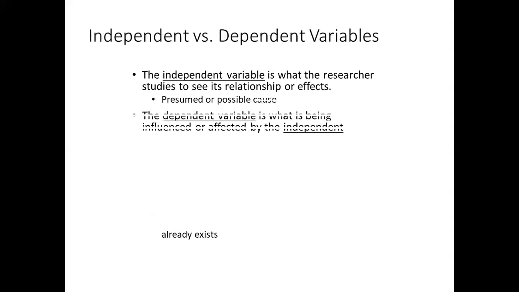So one thing again that's very important that we need to understand is what we call the independent and dependent variable. So this is very important.